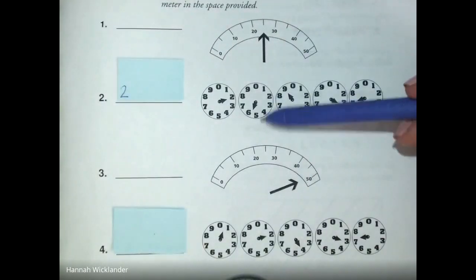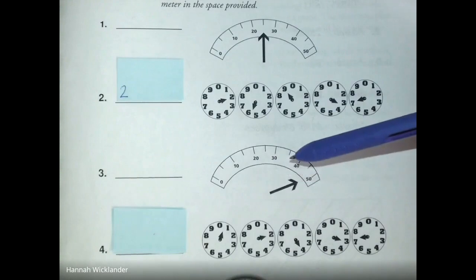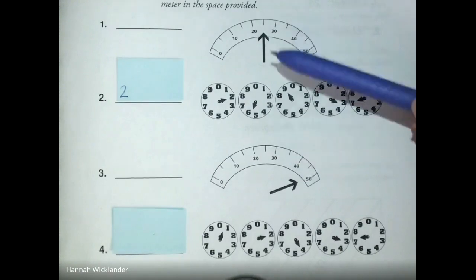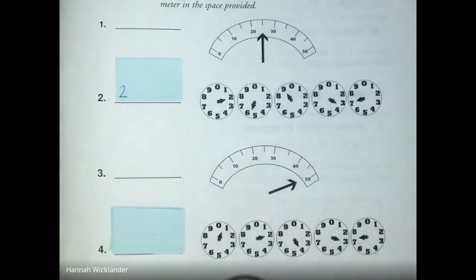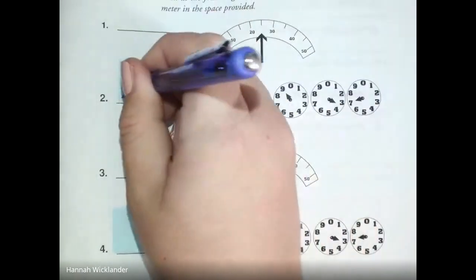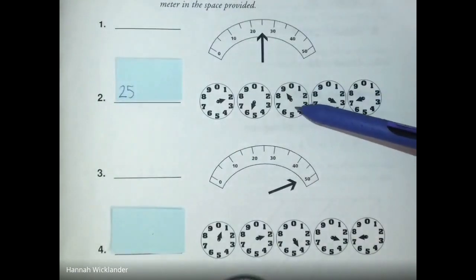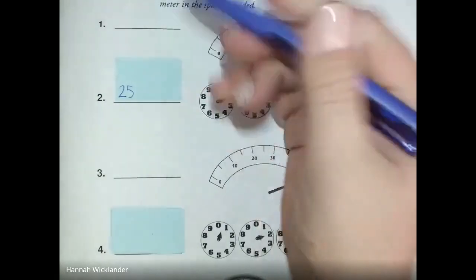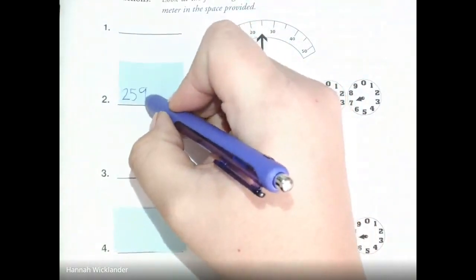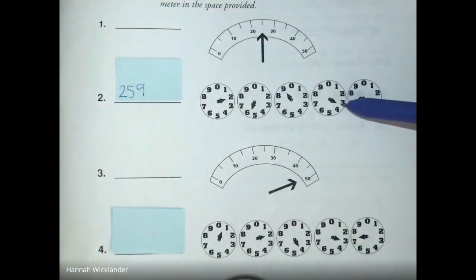This second meter is in between 5 and 6. So what am I going to write down for my second number? Oops, 5 and 6. 5, yep. My third one is pointed straight at the 9, so I know it's 9. And then my fourth one is in between 3 and 4.